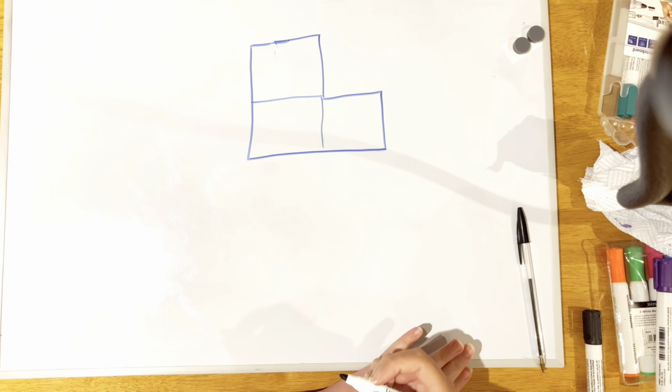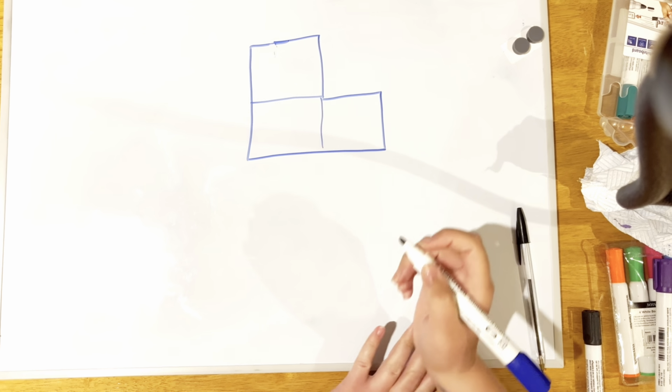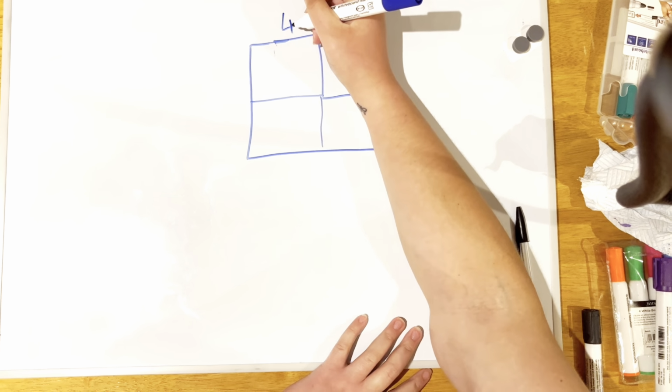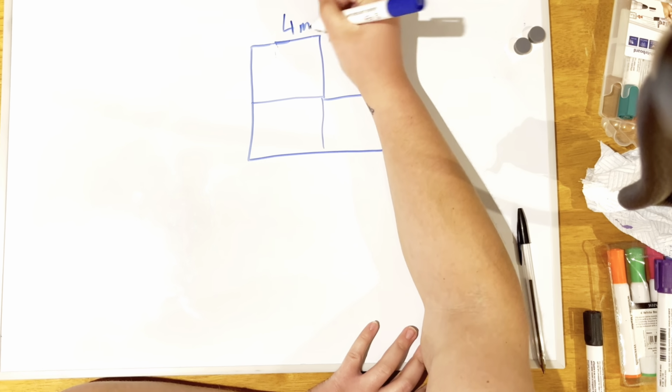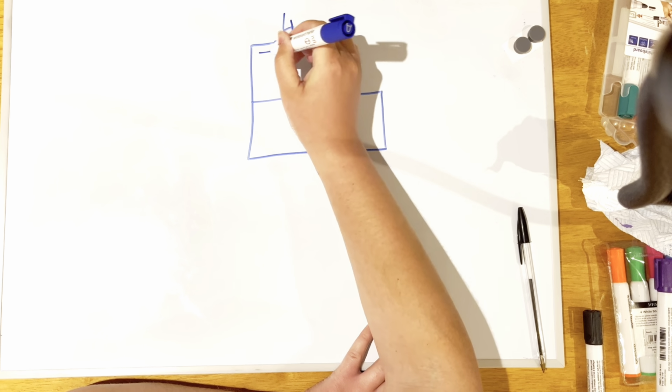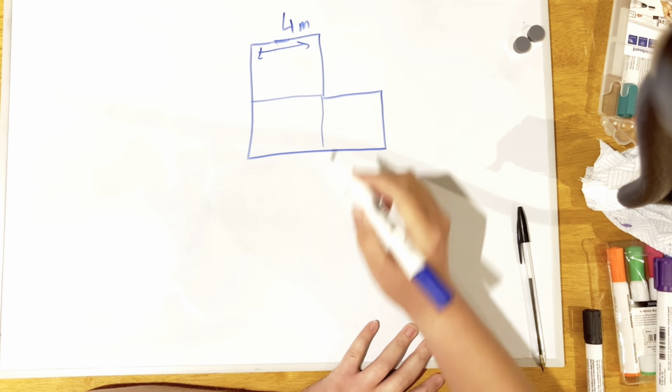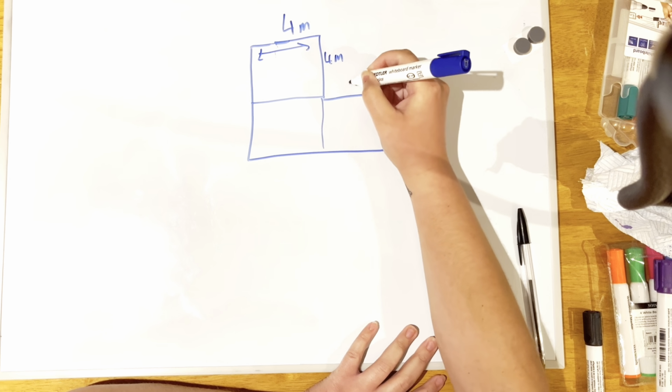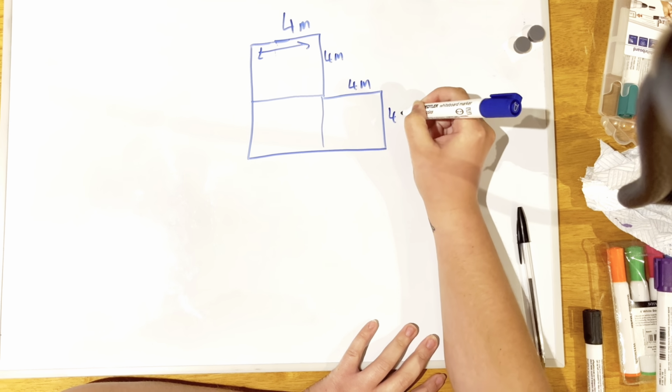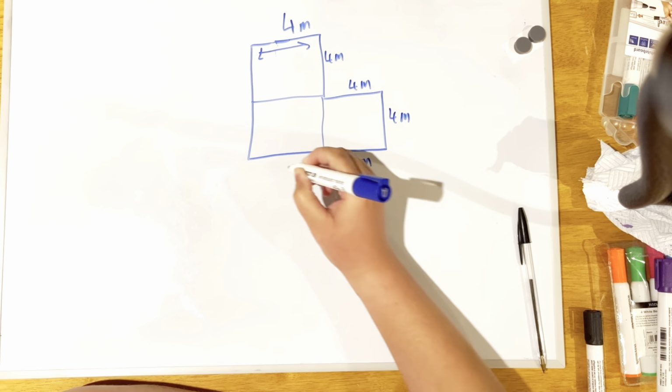Let's have a look at question 1. So I've drawn out my shape and we know that each one of these is 4 meters, okay? Each of these lengths here. So I know that these are all 4 meters as well. So I'm going to label them all up.